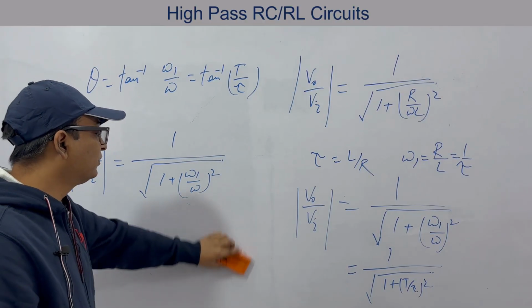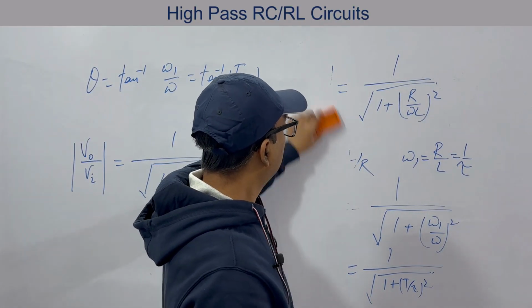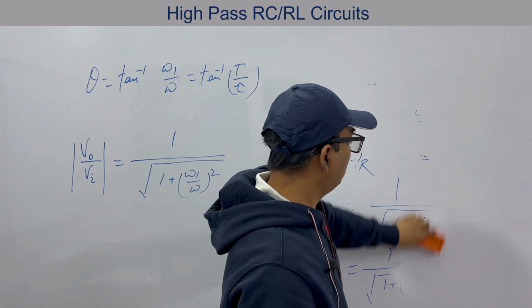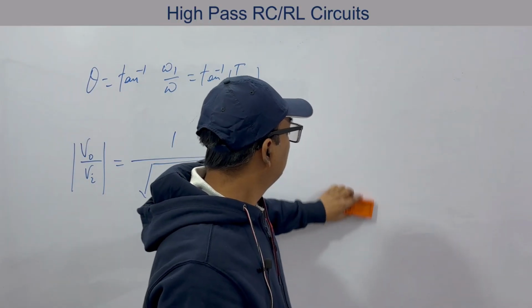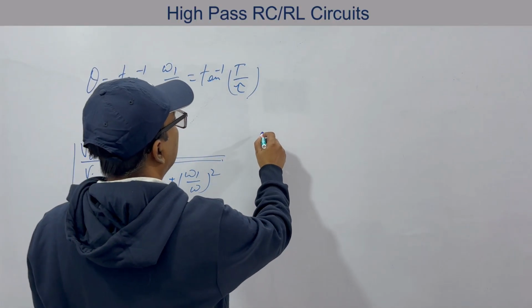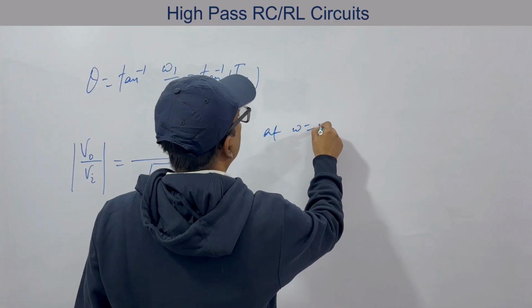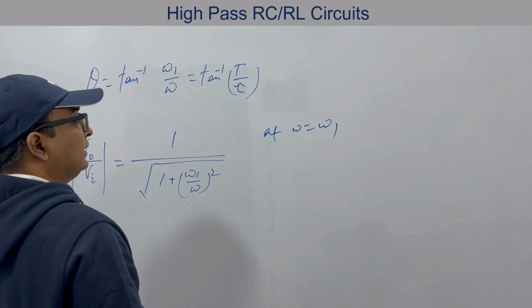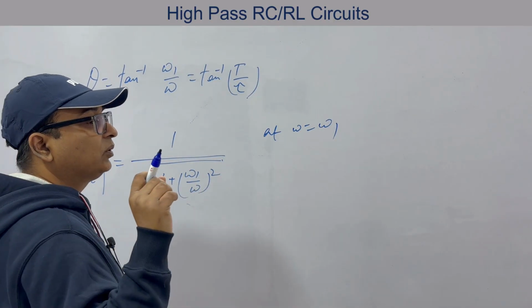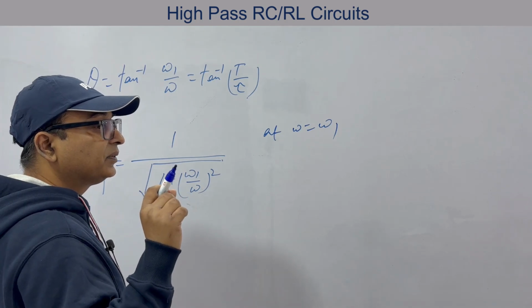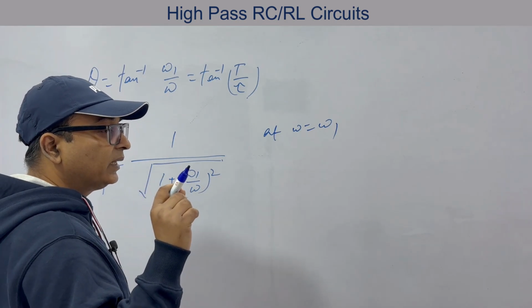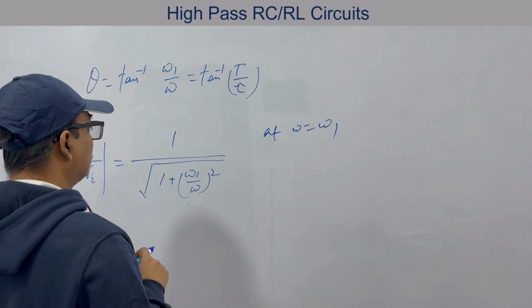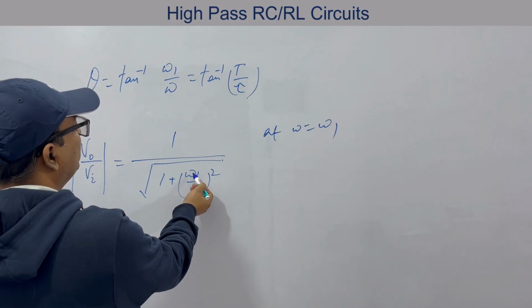One more important thing from here is, I am rubbing all, you must have noted down all these expressions. One important thing is, at omega equal to omega 1, where omega 1 is the frequency where tau is equal to RC, the time constant. If omega is equal to omega 1, what you will get?